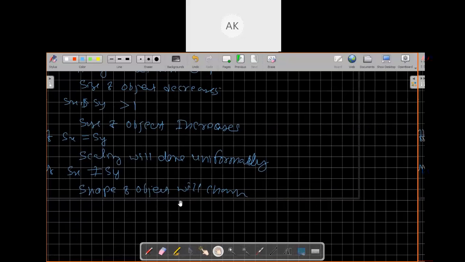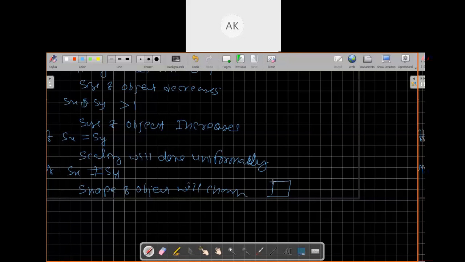Okay, what is the meaning of this? When the values of these two parameters are equal, it will increase or decrease uniformly corresponding to both the axes, x axis and y axis.